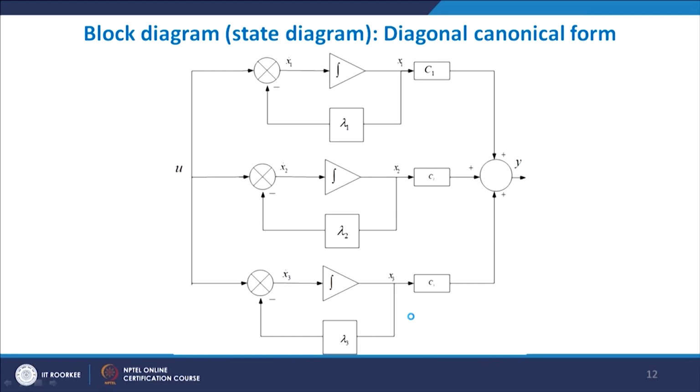One important thing is that here the degree of the denominator is more than the degree of the numerator. Here x1 dot, x2 dot, x3 dot, 3 integrators, integrator 1, integrator 2, integrator 3. This is lambda 1, lambda 2, lambda 3, the eigenvalues. C1, C2, C3 are the elements of the output matrix, and this is input u.